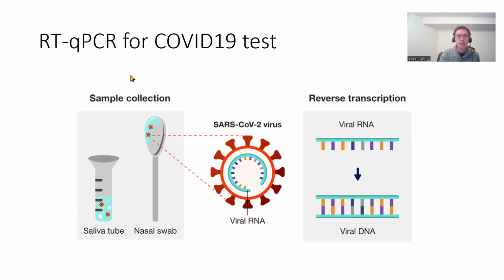The kind of PCR that you do for COVID testing is called RT-qPCR. RT here stands for reverse transcription, and Q stands for quantitative.